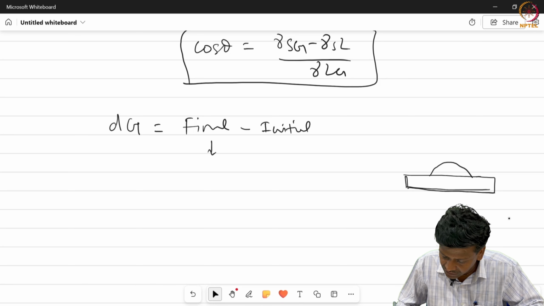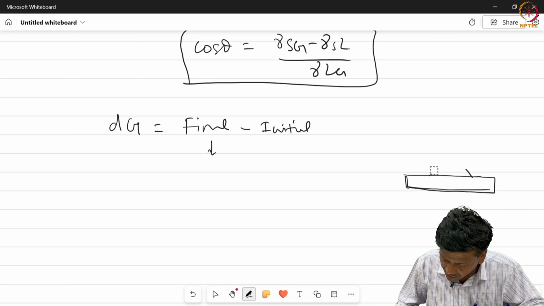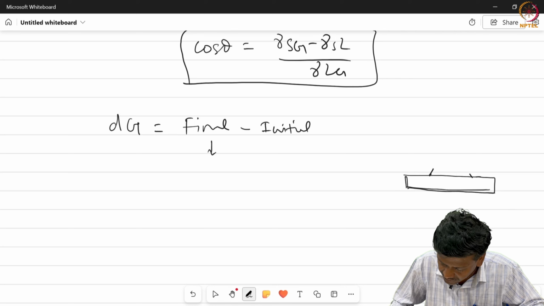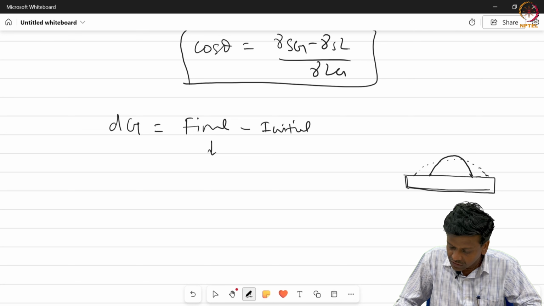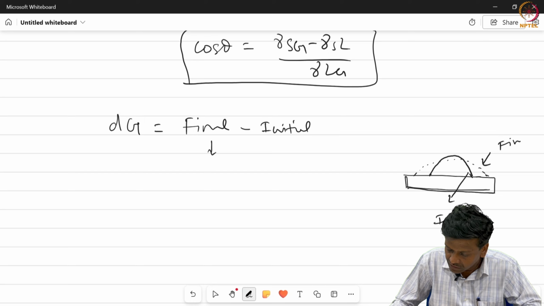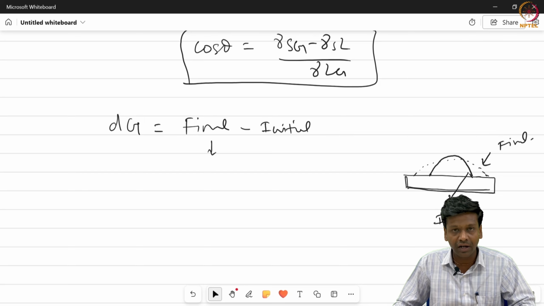So let's understand what the initial and final configurations look like. This is the initial, and this part is final, after spreading, after it attains equilibrium.